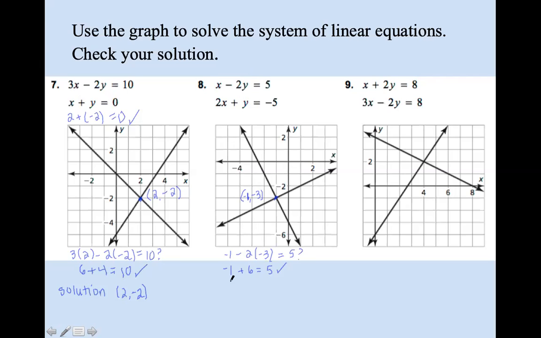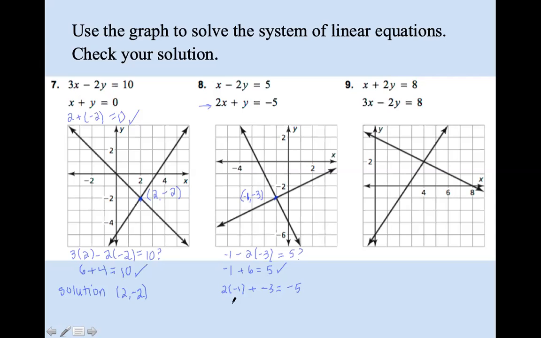Let's try our second equation. So this time replace the x with -1 again. So is 2 times -1 plus a -3 equal to -5? All right, I replaced this second equation now. This is what I'm working with. So 2 times -1 plus -3.